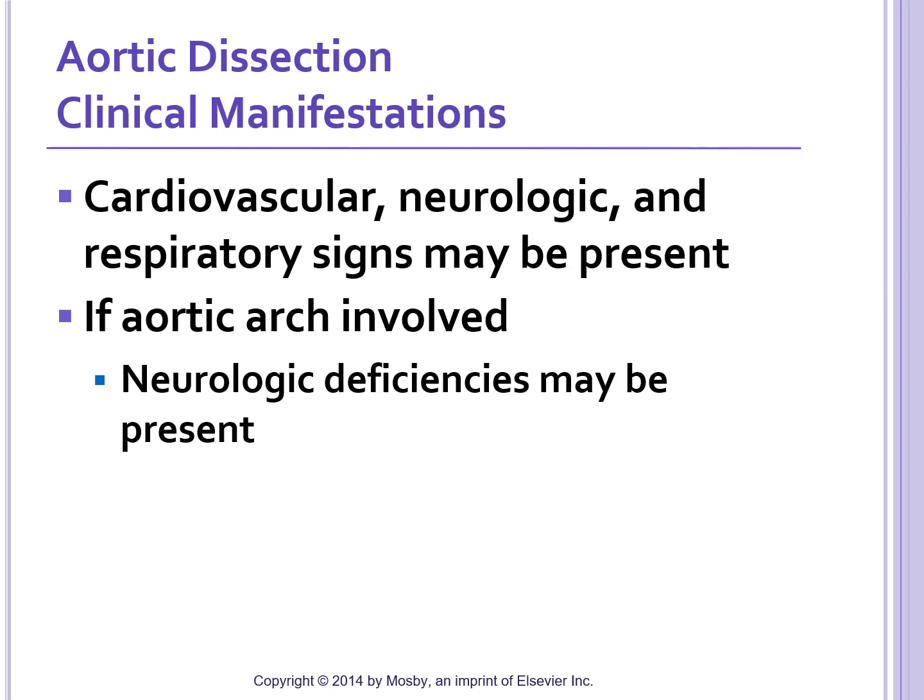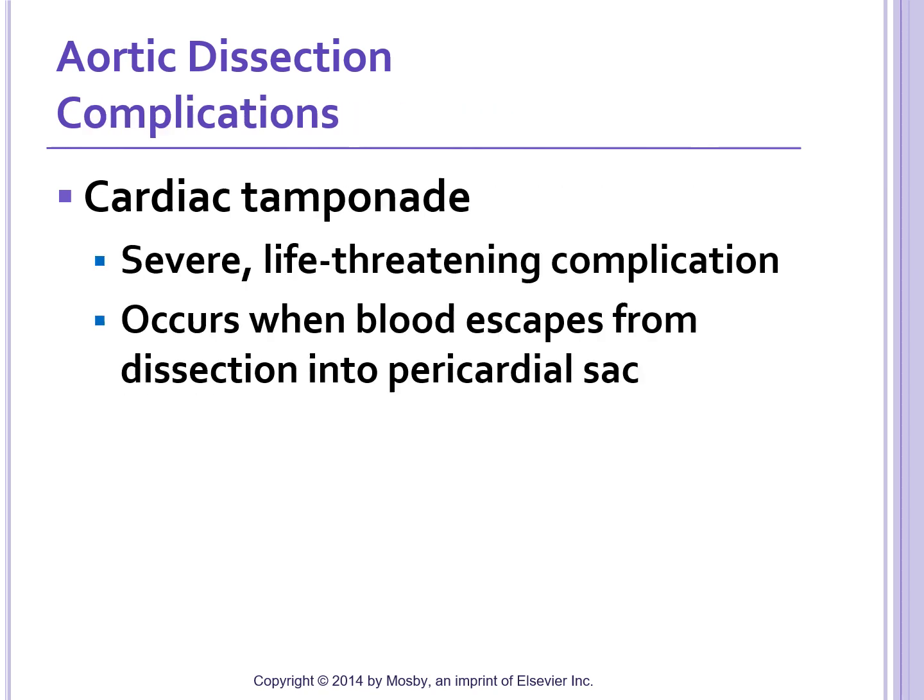The size and location of the aortic dissection really determines what kinds of other complications and symptoms will be present with dissections. If the dissection happens in the ascending aorta or the aortic arch, we're at pretty high risk for cardiac tamponade because some of that blood can leak into the pericardial sac, causing cardiac tamponade.